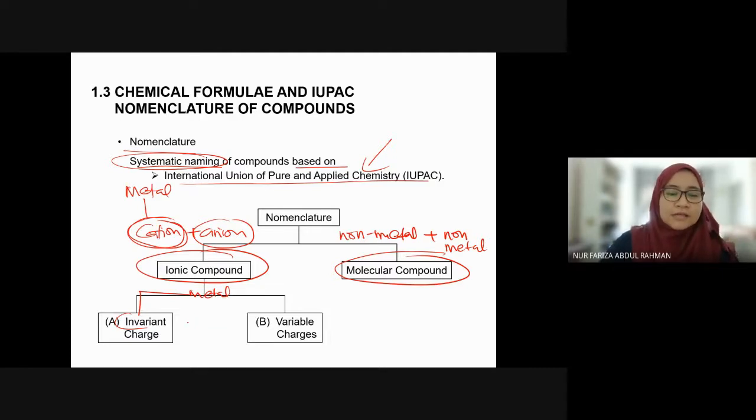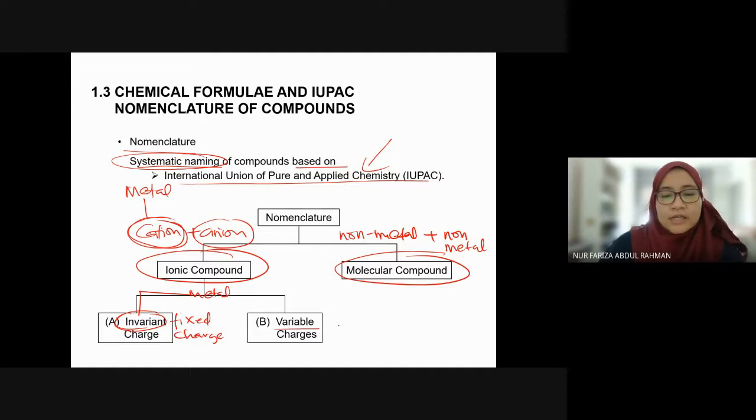It is not changing, it will be a fixed number. Opposite to invariant, we have variant, or variable charge.